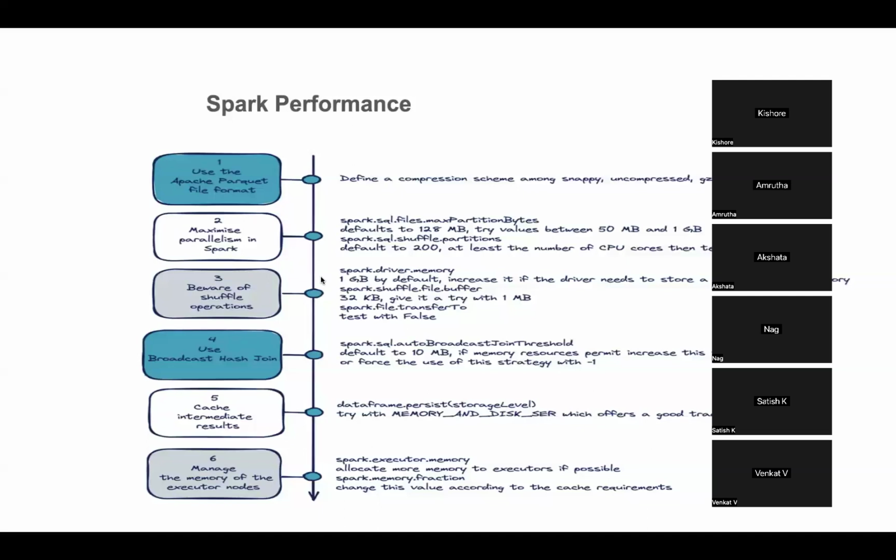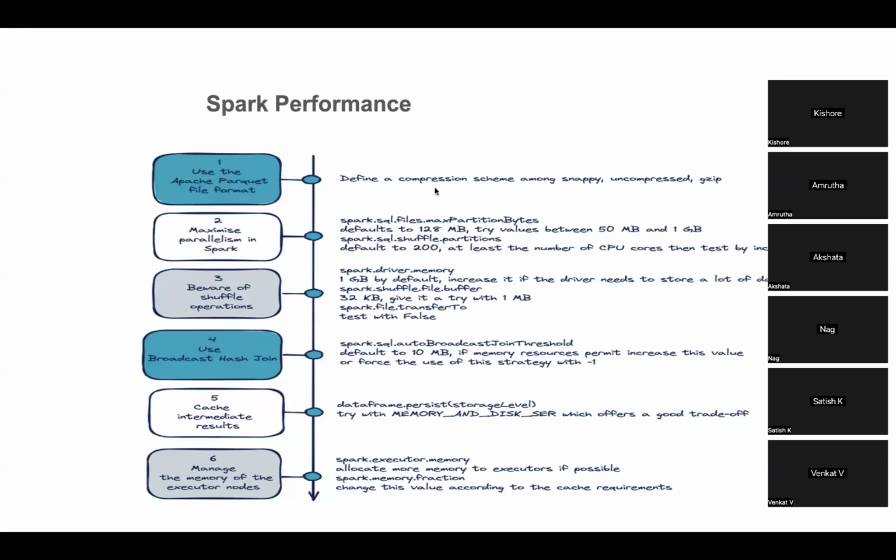Yes, sir. These are not all of them, it's just a few of the things that you can look at. Use the Apache Parquet file format. By default Databricks does this. Databricks Delta automatically uses Parquet files and it uses Snappy for compression. Okay, so that is taken care of.